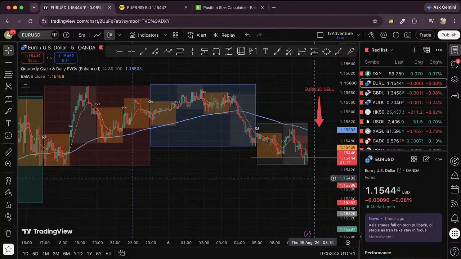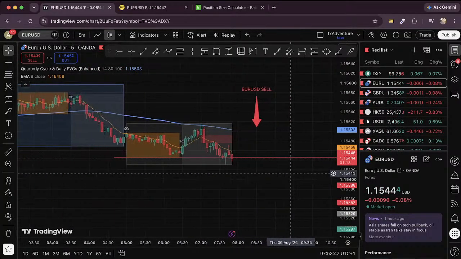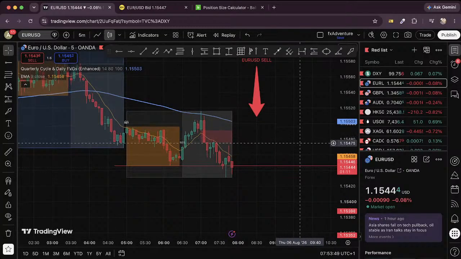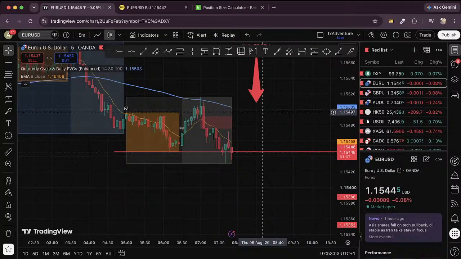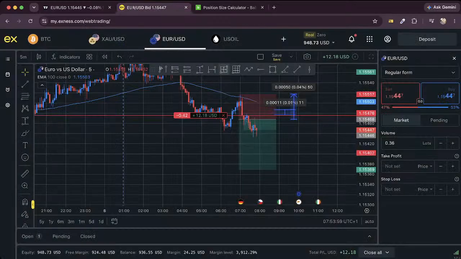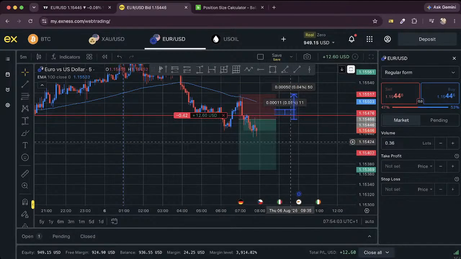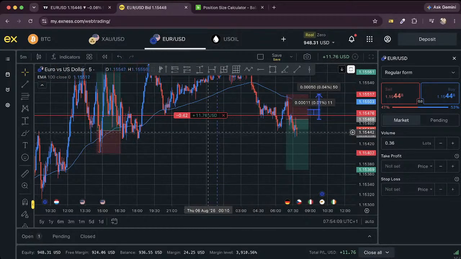But at this point I think I am in a safer zone because all my stop loss is on break even. I know they stopped me out of one position, but if I'm able to hold this particular position and price respects itself and continues going down, that would be good.